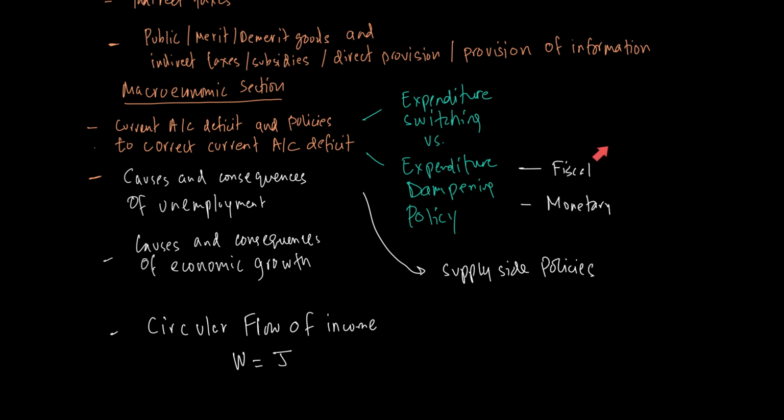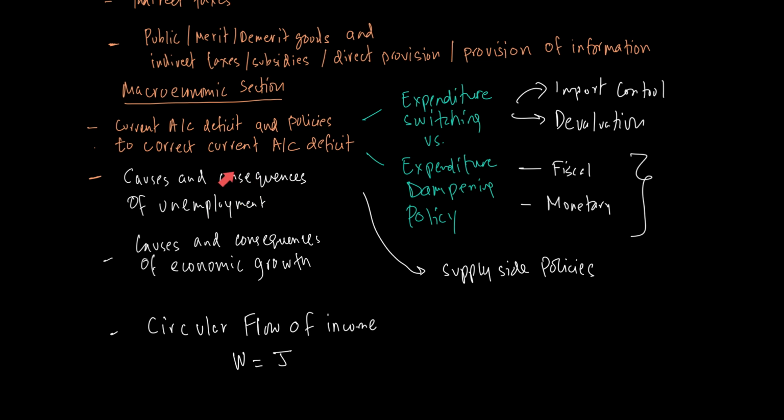Remember that fiscal, monetary and supply side policies are now explicitly added, so they can give you a question about the current account deficit, what the current account is made up of, and how we fix the deficit through expenditure switching policies, which are import controls and devaluation. We also need to know expenditure dampening policy, which is contractionary fiscal and monetary policy. Along with that, supply side policy becomes a good evaluation in these kinds of questions.